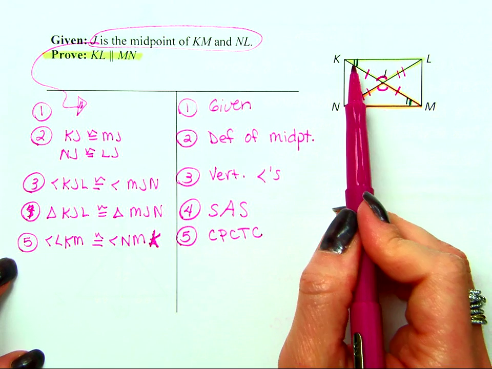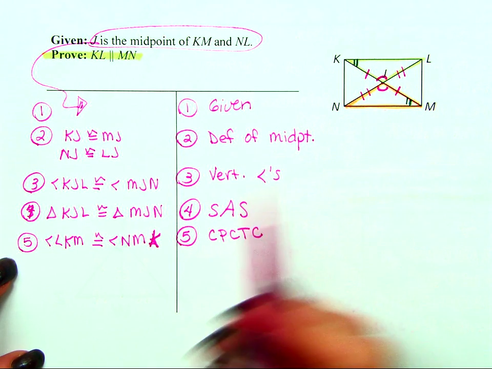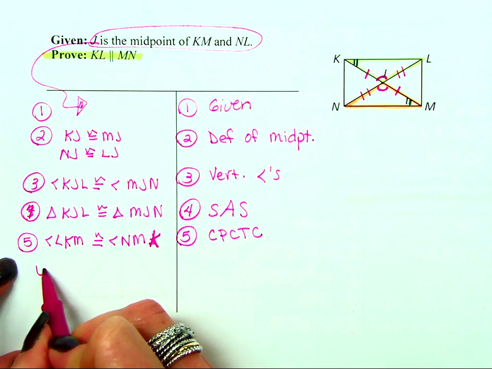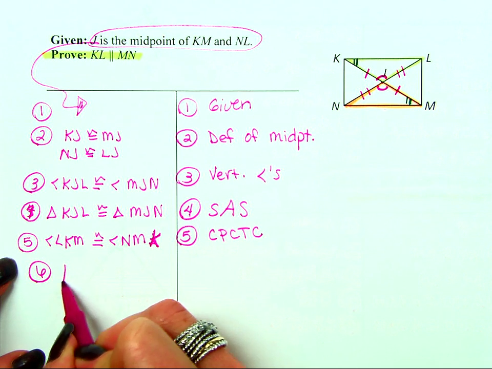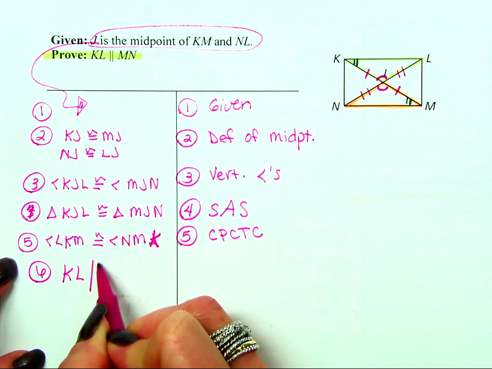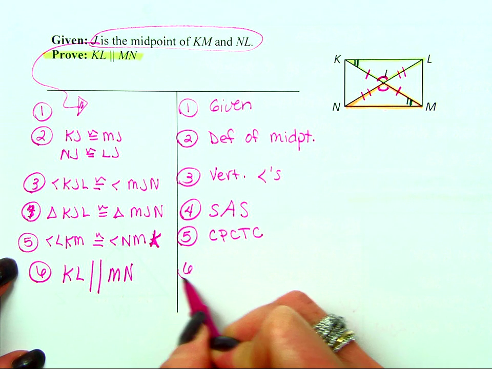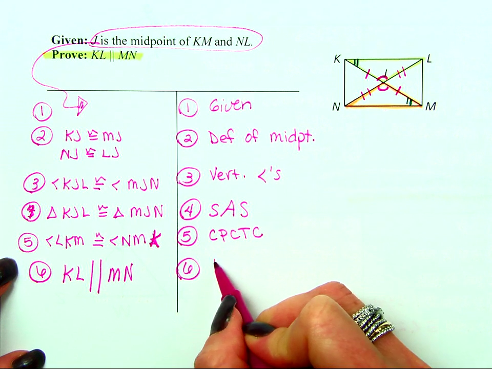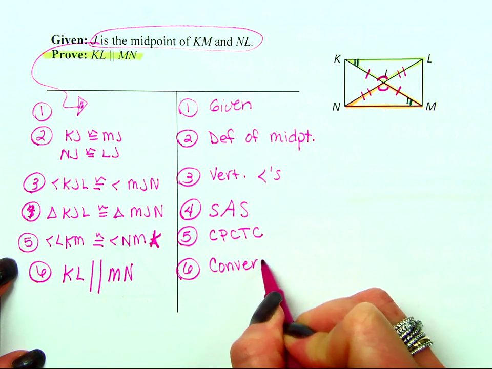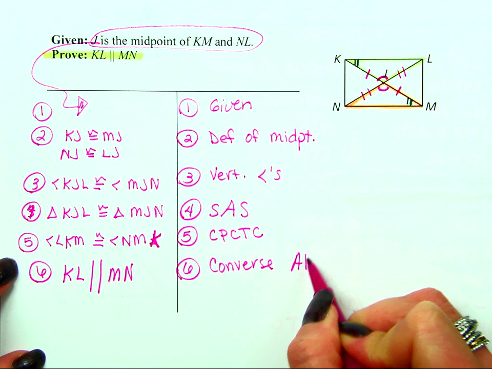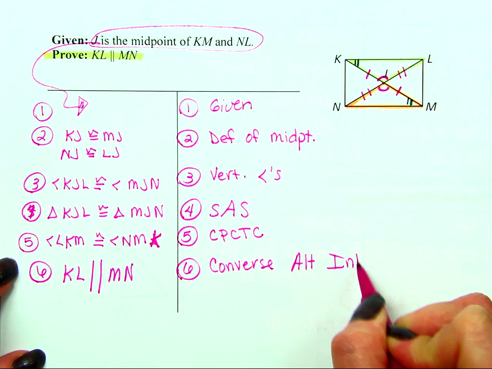But because those are equal, that is actually enough information for me to say then that KL must be parallel to MN. Why is that? Well, that's actually the converse of the alternate interior angles theorem.